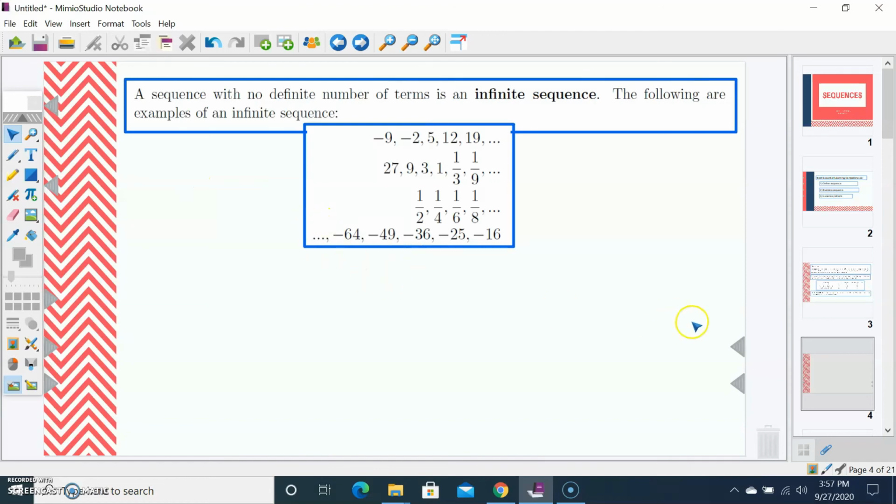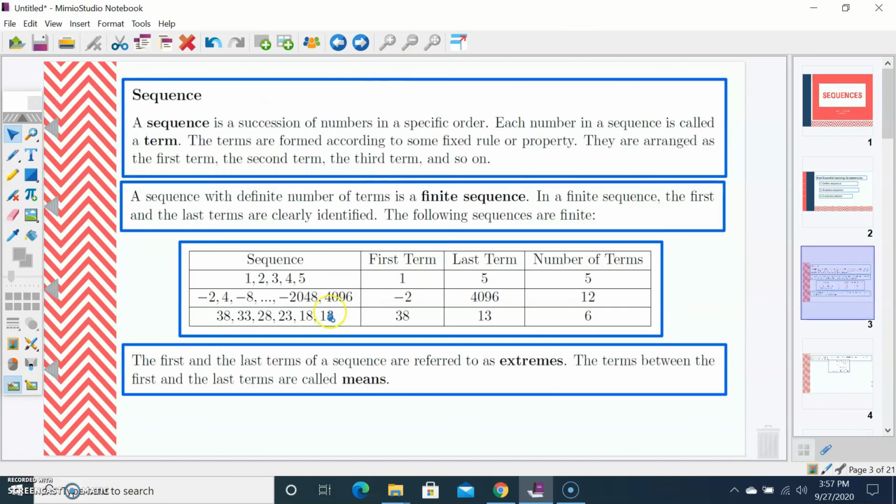When you take a look at our previous example, in finite sequence, to be exact, example number 2, here we use ellipses, but the position of the ellipses is between 2 defined terms, okay? So even though we use ellipses here, dahil meron naman tayong definite terms na pinagigitaan yung ellipsis na yon, at alam na natin yung first term and last term, this sequence is still an example of a finite sequence.